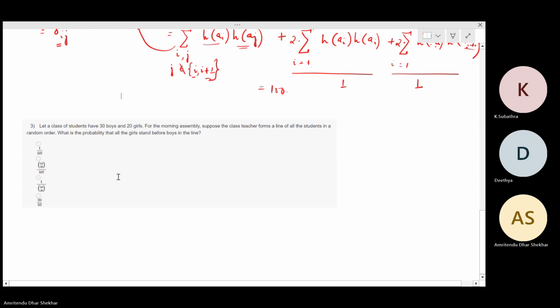Okay. So we have a class of 30 boys and 40 girls, and we want to arrange them so that the girls stand before the boys in the line.